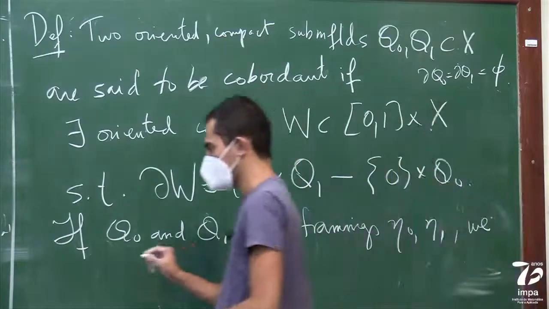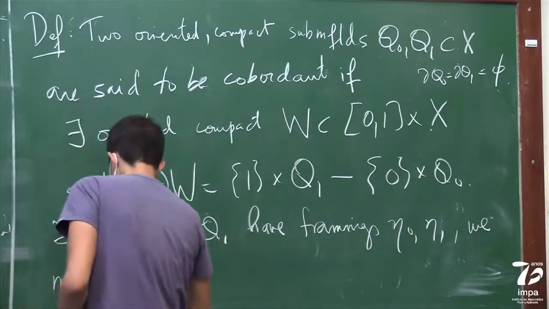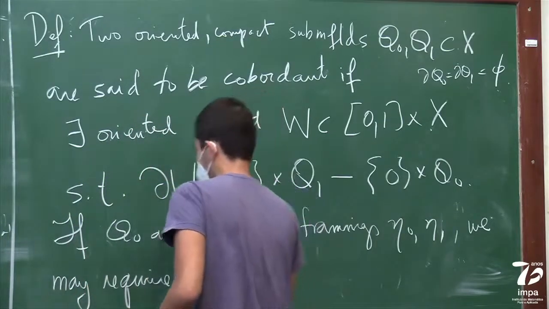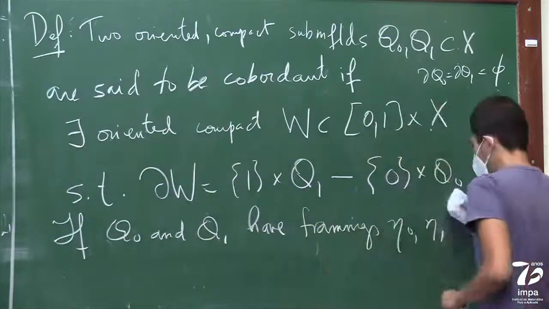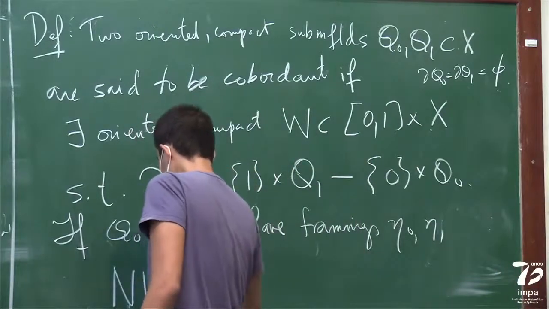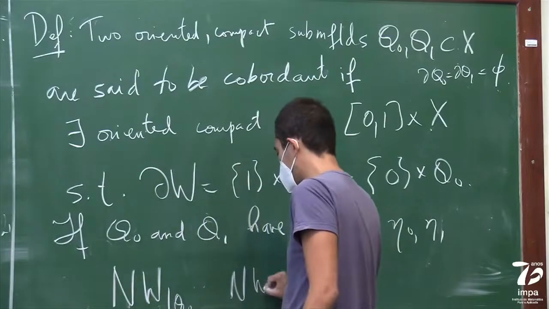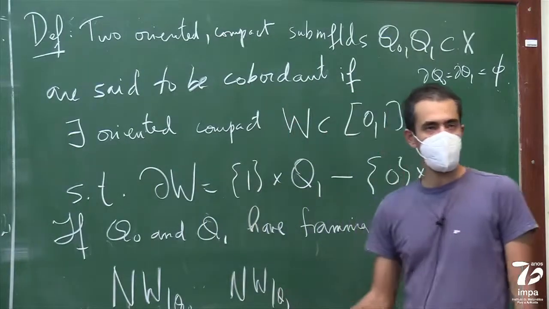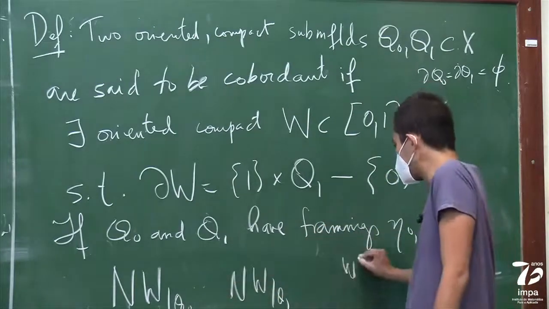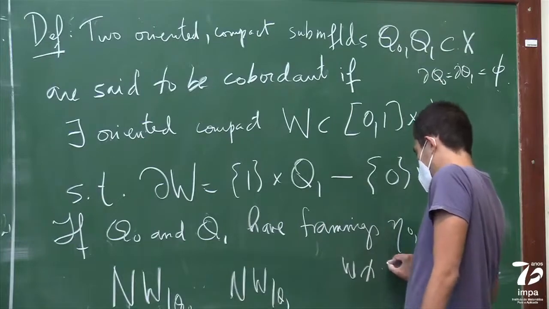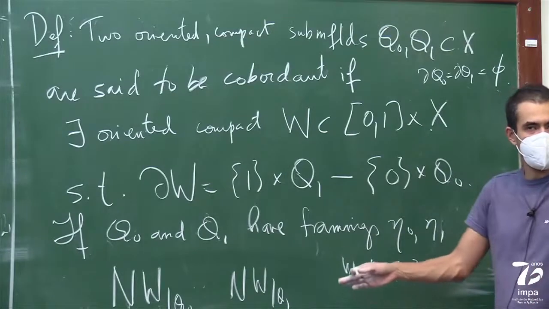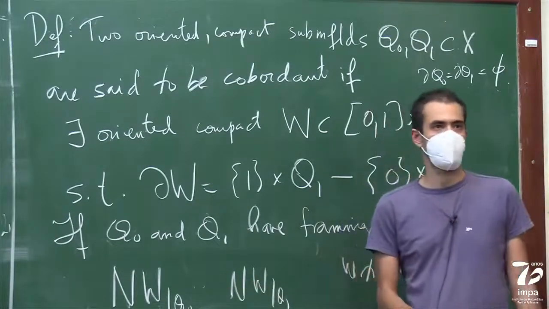So if these guys have framings as well, then what can you do? You can look at the normal bundle of W restricted to Q0 and to the boundaries. And it's not hard to see that when you restrict the normal bundle to the boundary, if W is transverse to the boundary of [0,1] times X, then the normal bundle is canonically identified with the normal bundle of Q0.